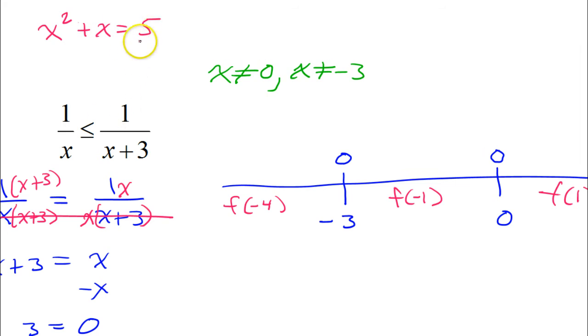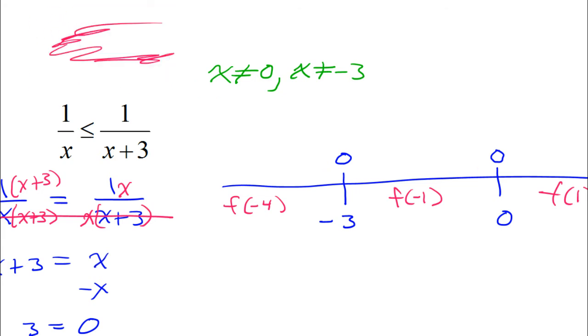If you wanted to get 0 on one side, you could subtract 5 from both sides. You could basically move this over to the left and it would become negative. So you would have x squared plus x minus 5 is equal to 0, right? You could just basically move this over and make it negative. So that's what I'm suggesting that we do with this whole problem.